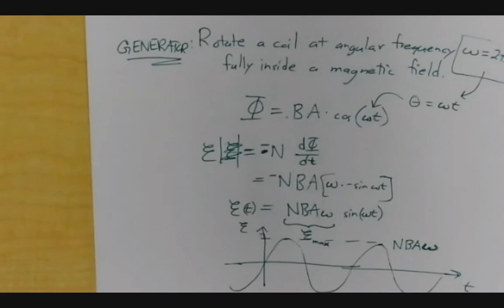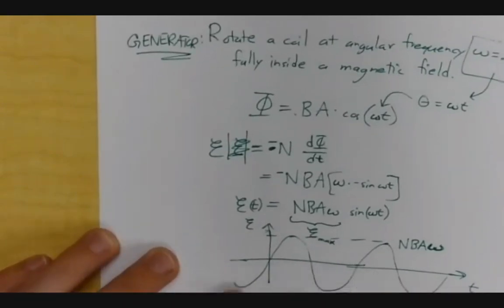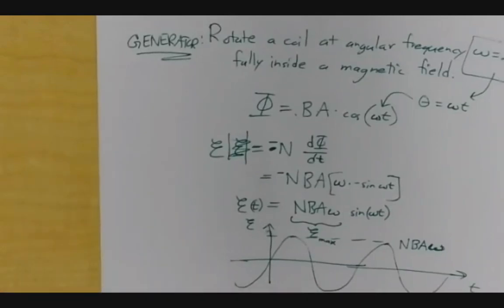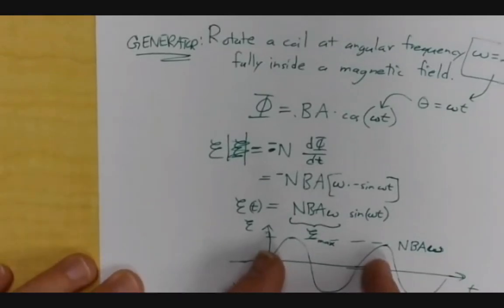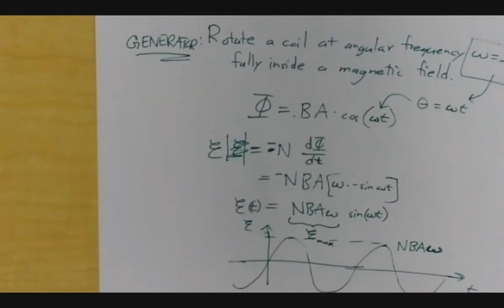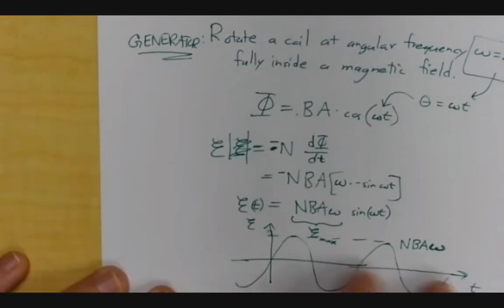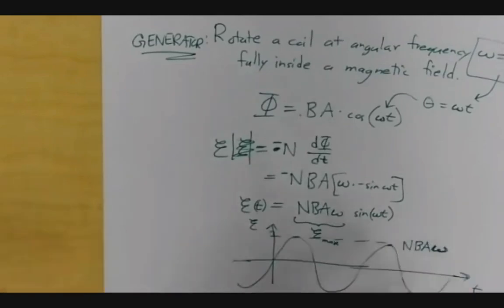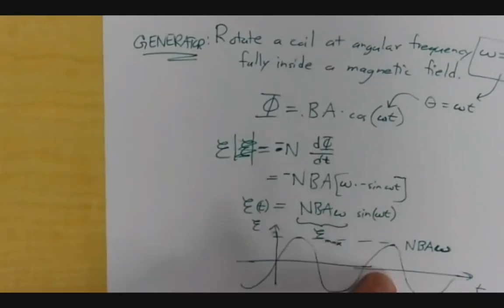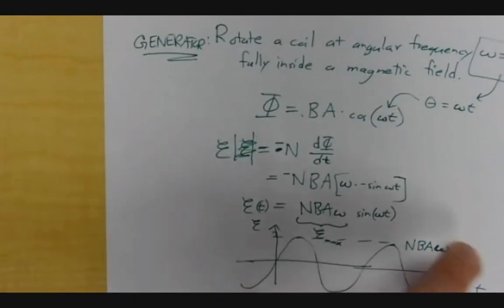And I drew this as a sine, but I don't really care if it's a sine or a cosine, just that it's sinusoidal, and the period would be the same as the rotational period. And then the amplitude is proportional to these features here. More wrappings, stronger field, bigger area, turn them faster. Turn them in less time.